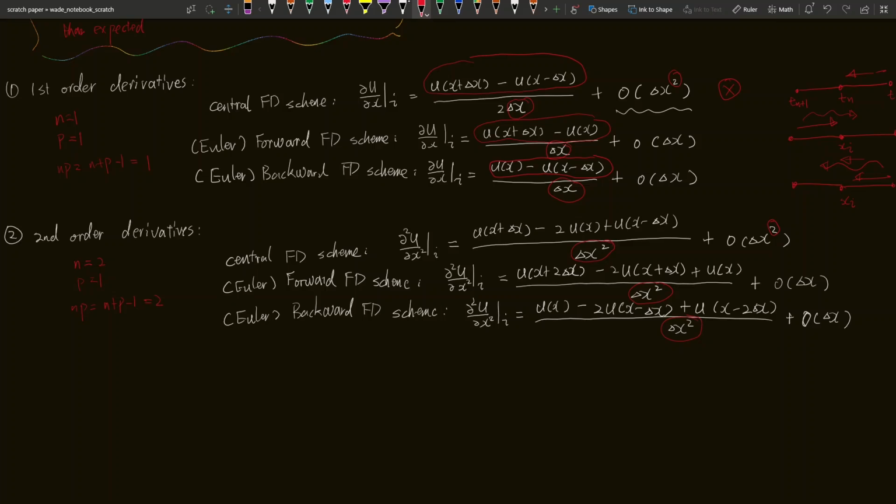So for the forward and backward schemes, you need two neighboring points from the forward direction or backward direction. And for the central scheme, since you have two neighboring points, you can place the investigated point in the middle of them. However, the final order of accuracy of the central scheme, applied in a uniform manner, is still one order higher than you expected.